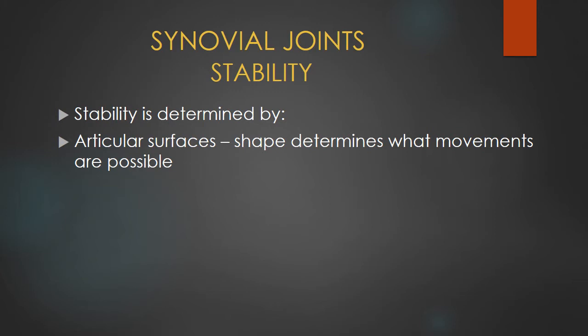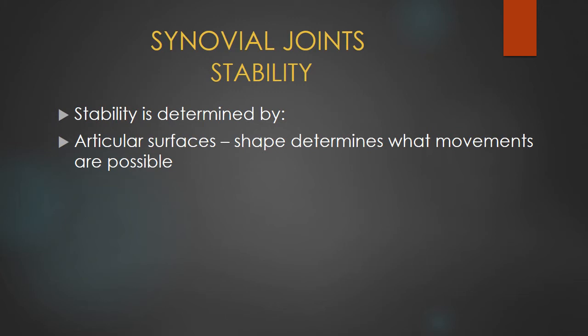Okay, so the first thing that contributes to the stability of synovial joints is the shape of the articular surfaces. It's the shape that determines what movements are possible. If you think of the shape of the articular surfaces of the glenohumeral joint, we have a ball at the head of the humerus and a very small, shallow socket, not even a socket at all, more like a plate of the glenoid fossa.